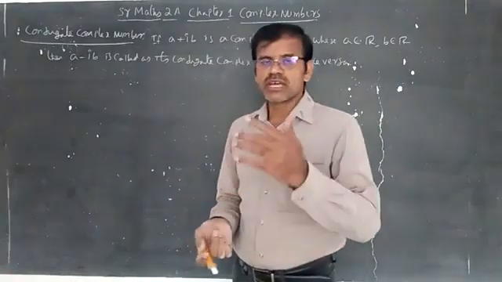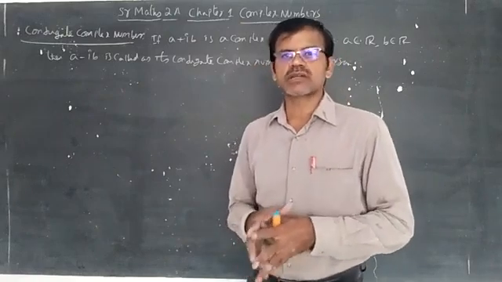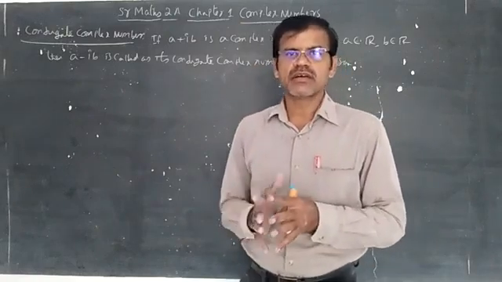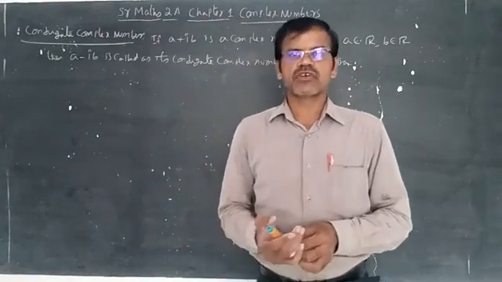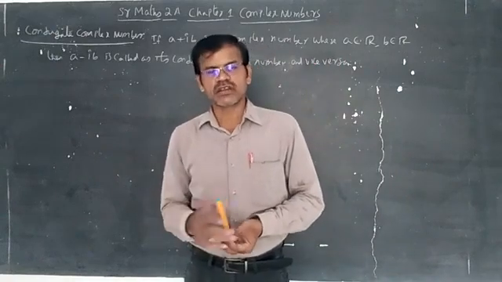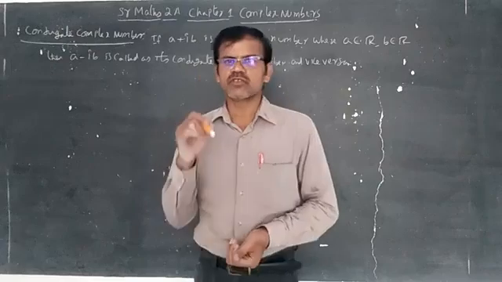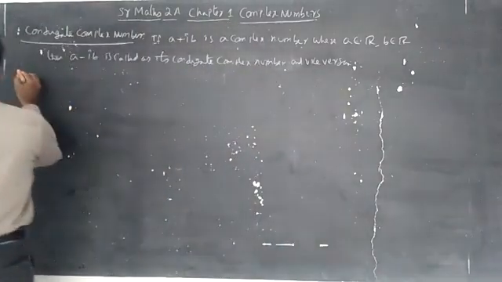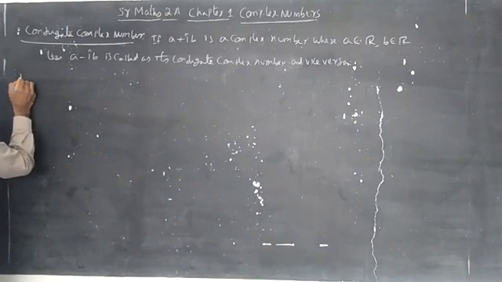So if you face the term rationalization, it is nothing but multiplying and dividing with the conjugate complex number of the denominator. If you are rationalizing the numerator, then multiply and divide with the conjugate complex number of the numerator. Now, division is completed.